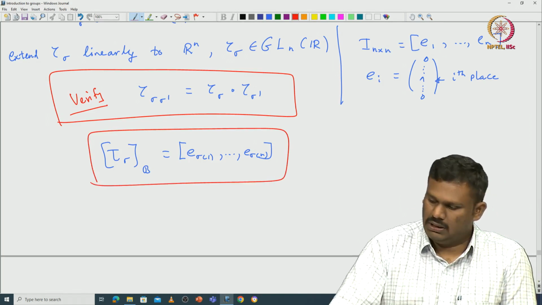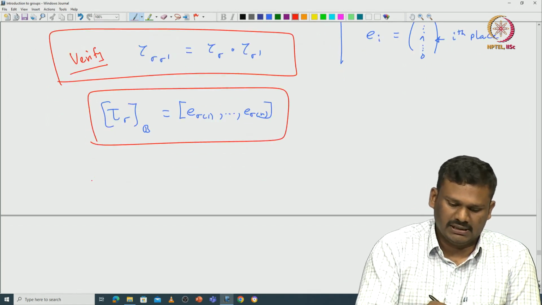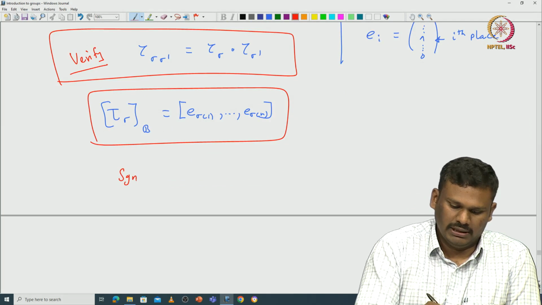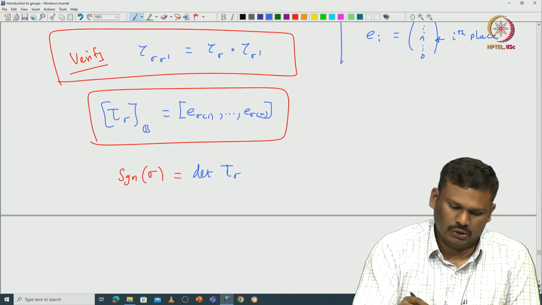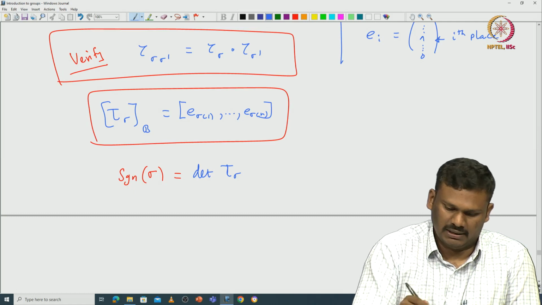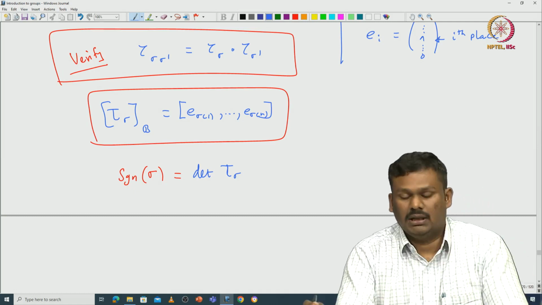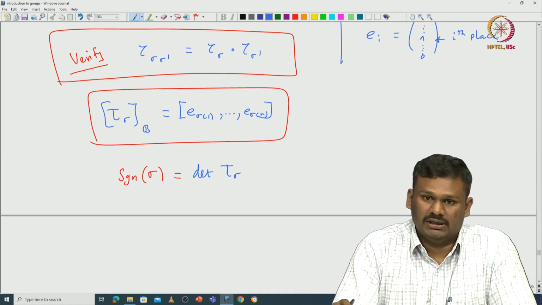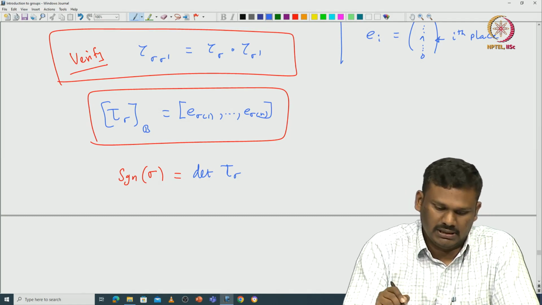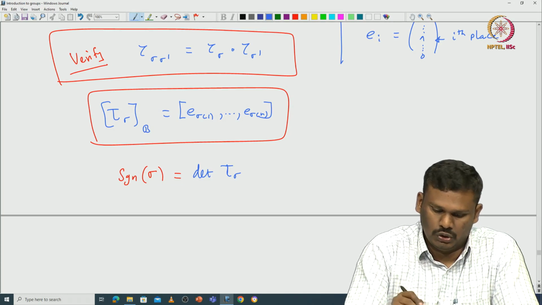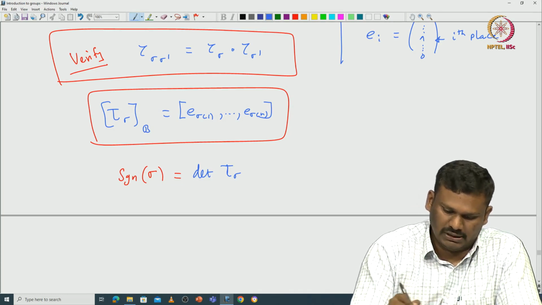So, then what we did was define the sign of sigma to be exactly equal to the determinant of this matrix of tau sigma. Okay. You know that the determinant of tau sigma is independent of the basis that you choose. So, in particular this is well defined.